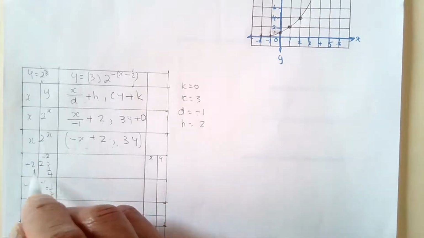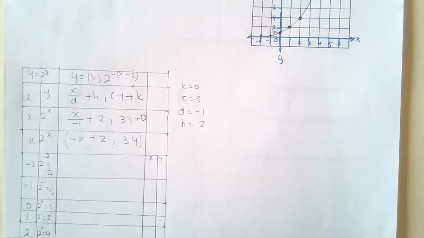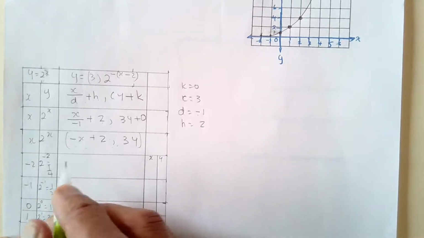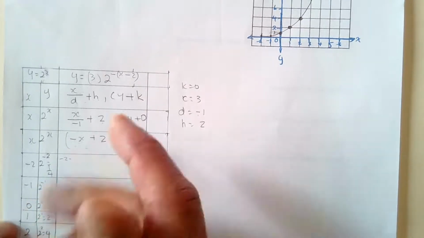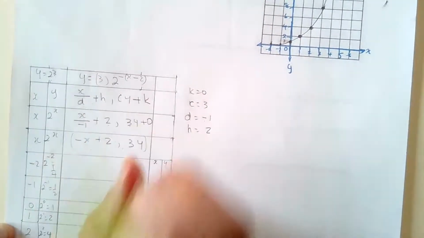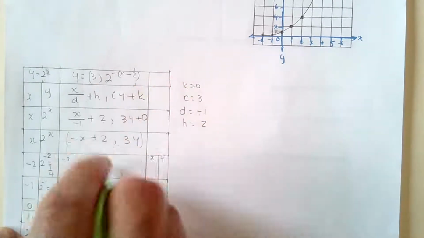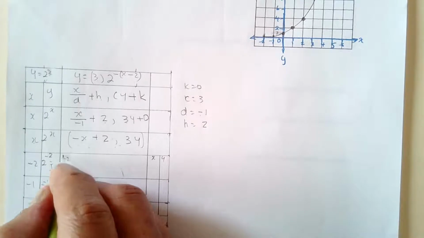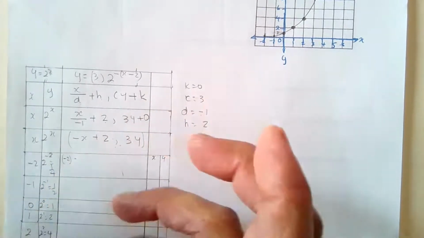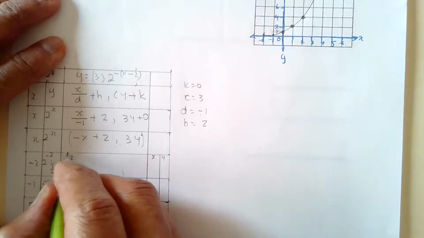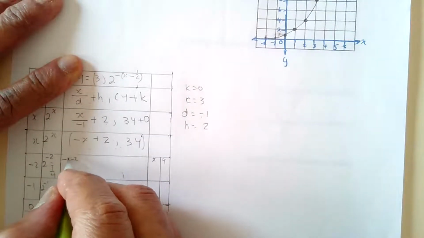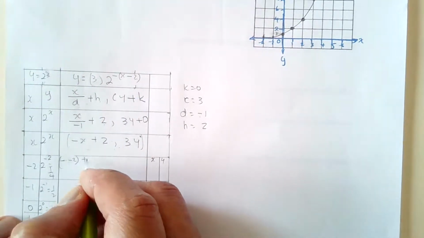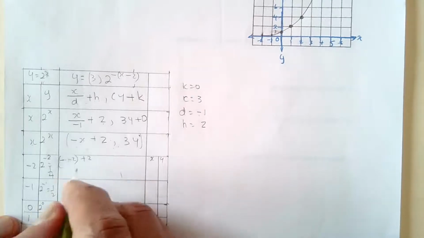Now we have x as negative 2. So you have negative of negative 2, plus 2, and that will give me 4.